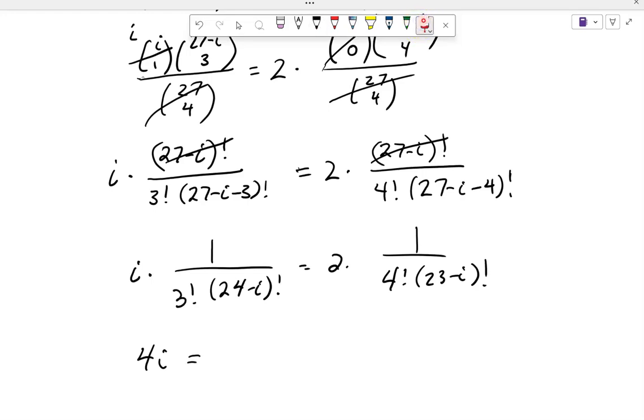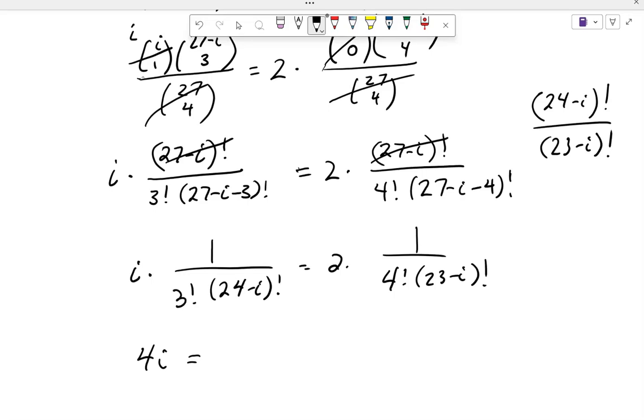Let's move this one. If I move this to the other side, I'd have, let me write it off to the side, 24 minus I factorial over 23 minus I factorial.